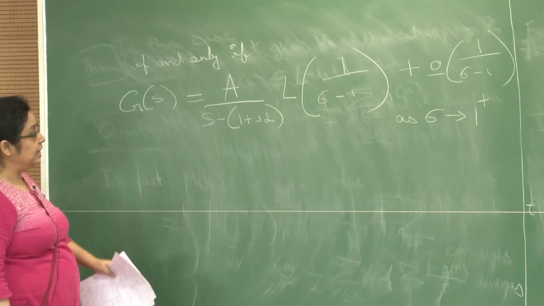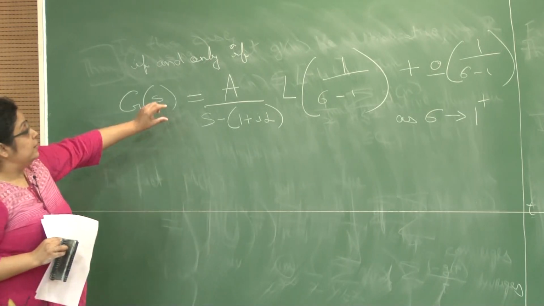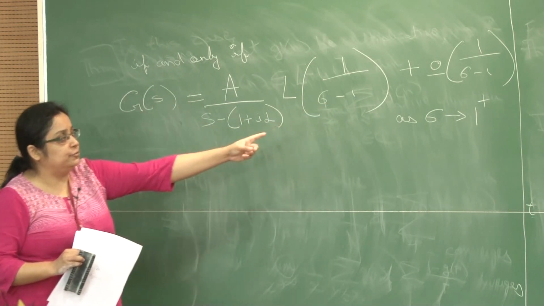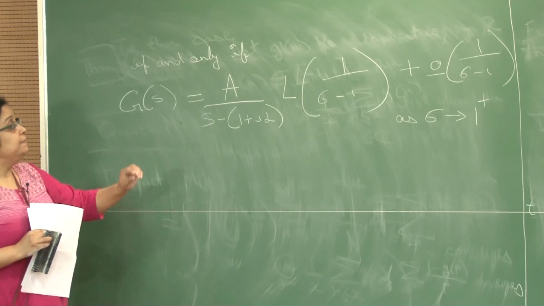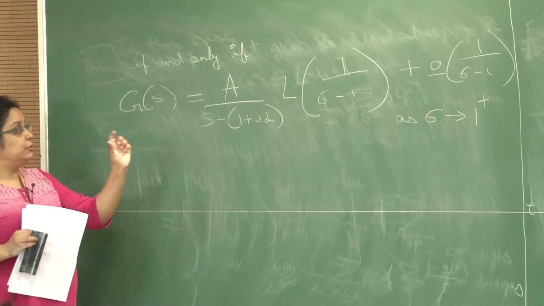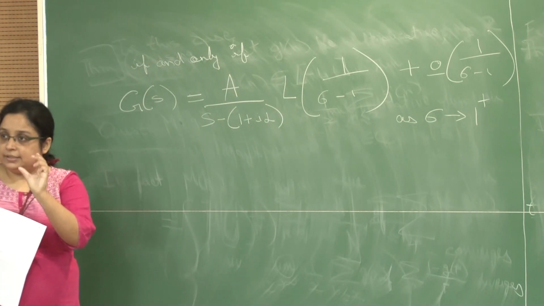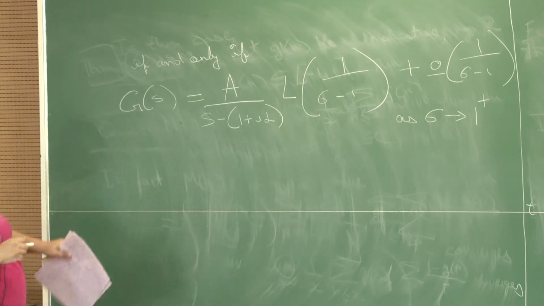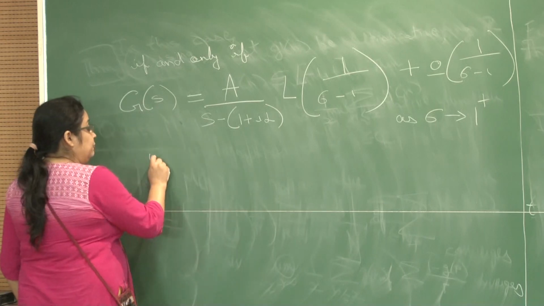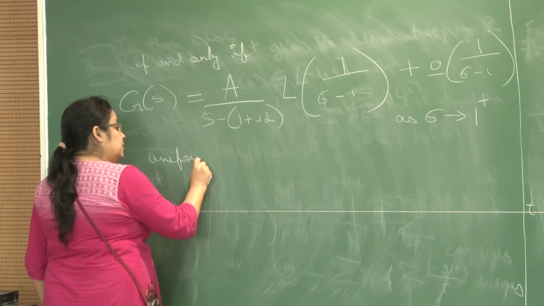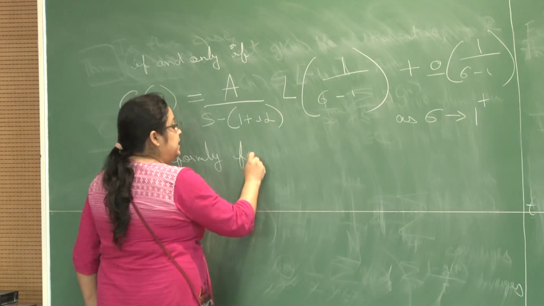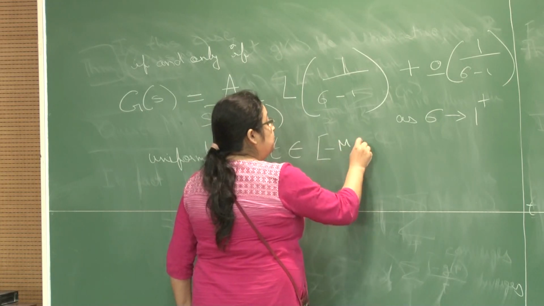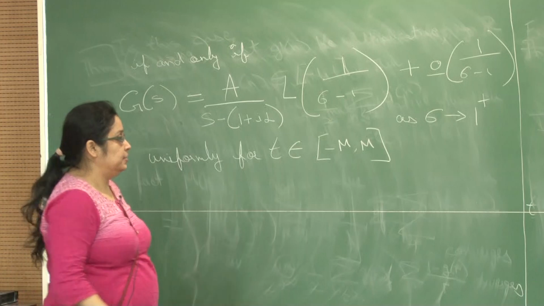Okay, if this happens uniformly for those complex numbers s, the real parts of which are coming closer and closer to 1, and what happens to the imaginary part? We want the imaginary parts to lie in bounded sets. So, if and only if this asymptotic holds as sigma goes to 1 from the right uniformly for t lying in minus m to m for any m.